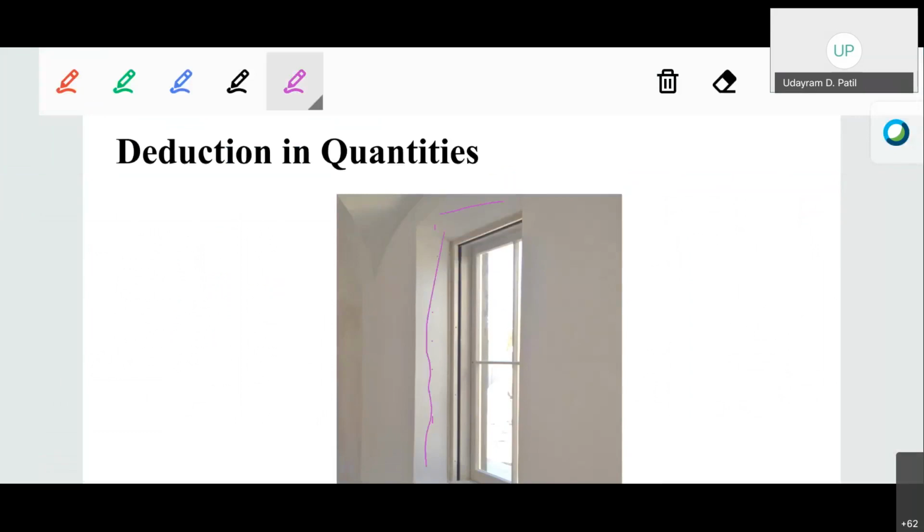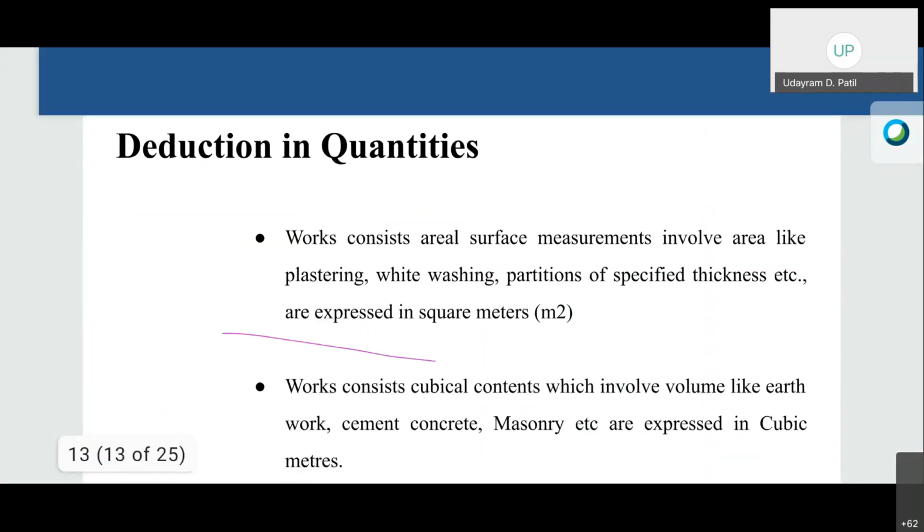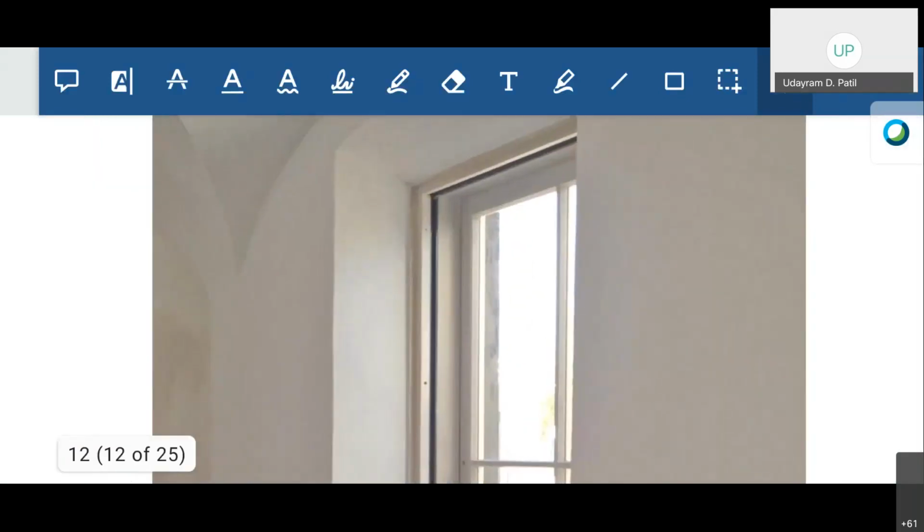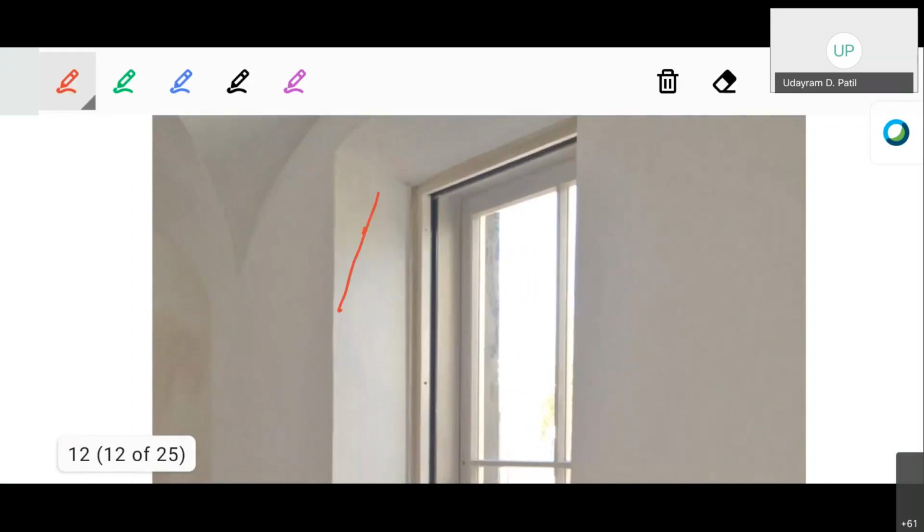We have found out this total length. Total length multiplied by width will give us the area of this particular jamb or the sockets. We have to calculate this area. Therefore, the length multiplied by the width of this portion will give us the quantity for the internal plastering or the external plastering.